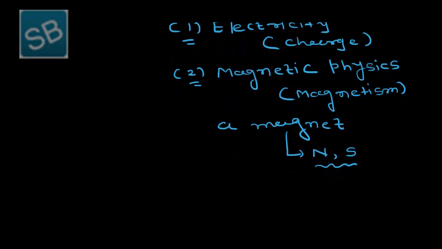Now, why is it necessary to study this kind of branches? We have earlier studied their application, and from that application we conclude that it is necessary to understand the combined effect of two branches, meaning electricity and magnetism.